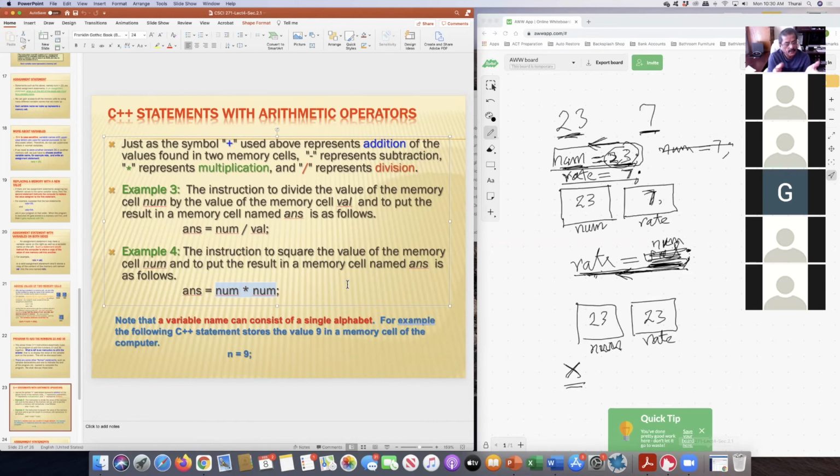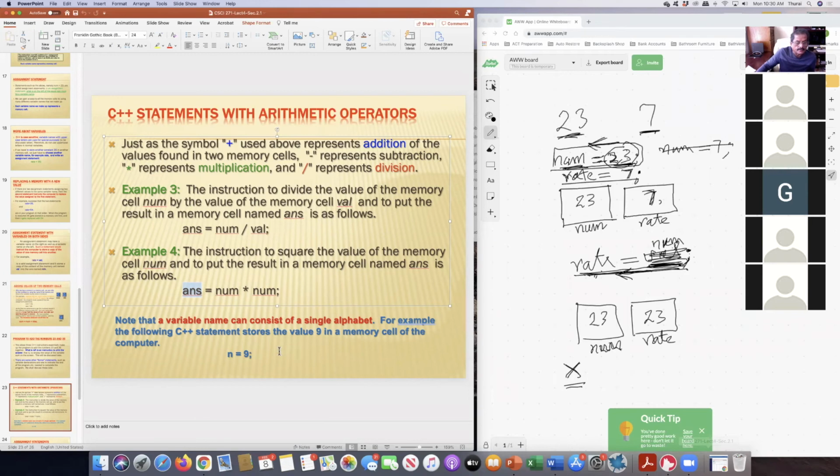If you want a cube, num times num times num. You only need basic exponents at this point. If you need larger exponents, we'll be learning how to handle that later. The language itself doesn't have exponents. So ans equal to num times num means put the square of num in ans.